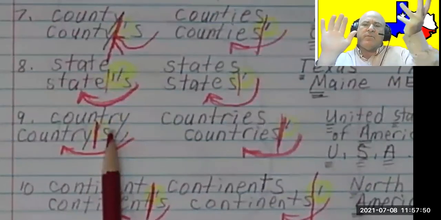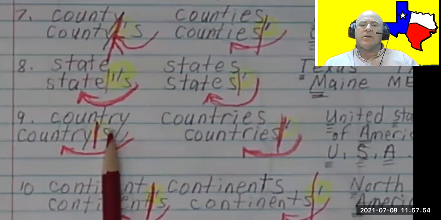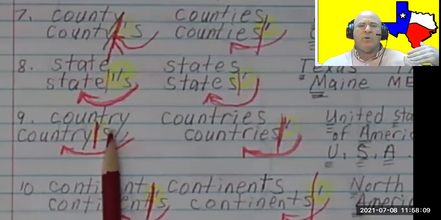Countries, plural possessive. The countries' borders are completely different from each other when you compare the northern border to Canada to the southern border to Mexico.